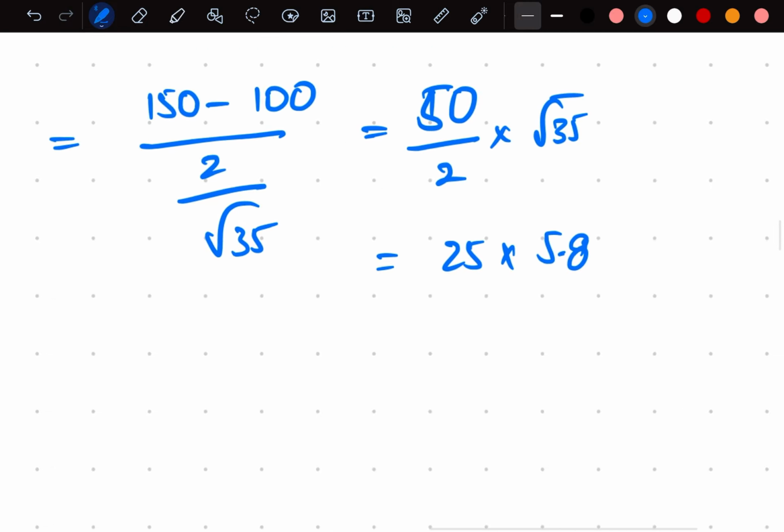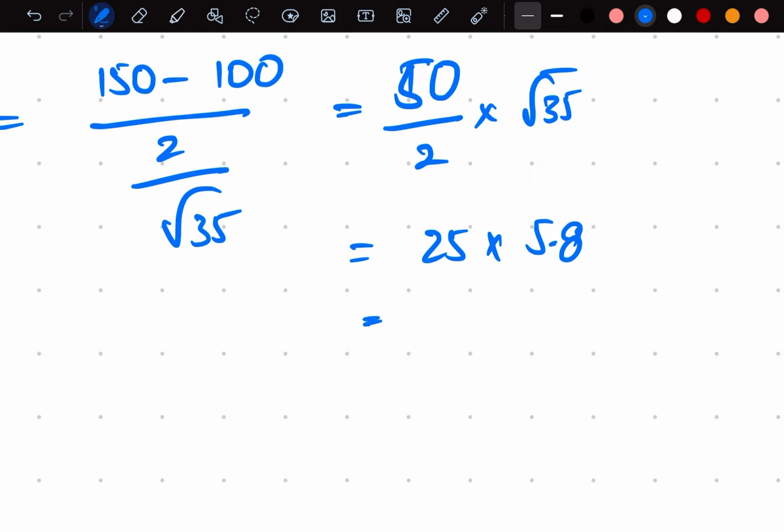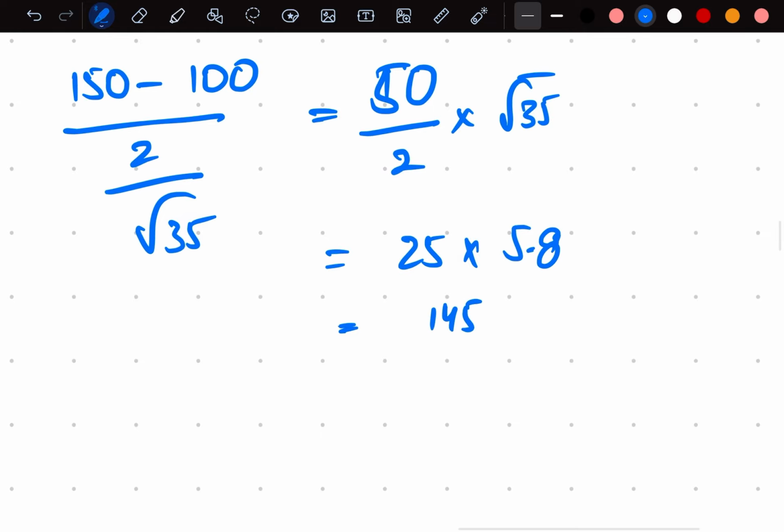I'm just taking a rough value. 25 into 5.8, that would be around, just a second, let me put it in the calculator. 25 into 5.8, so that's 145 guys.